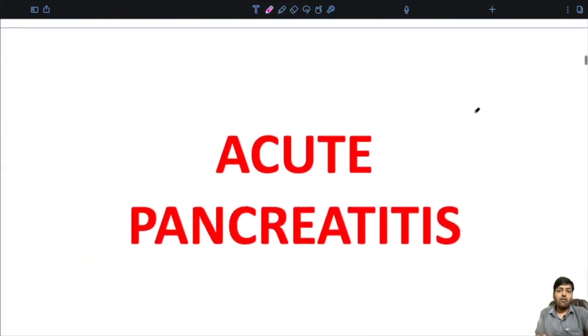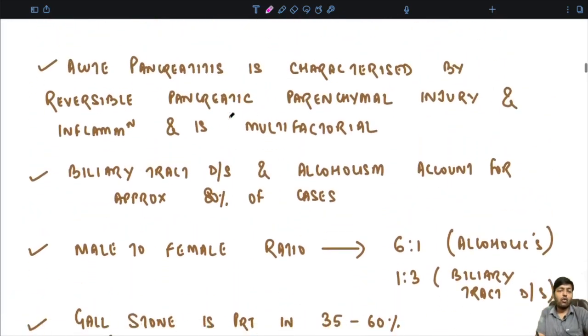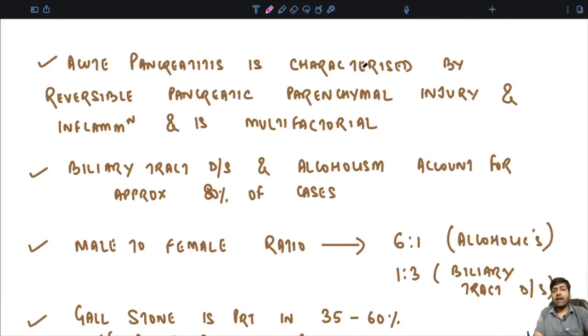Okay. So now we are first going to start with acute pancreatitis. Acute pancreatitis is basically characterized by a reversible, very important, reversible pancreatic parenchymal injury and inflammation, and it is multifactorial. There are many causes which can lead to acute pancreatitis.